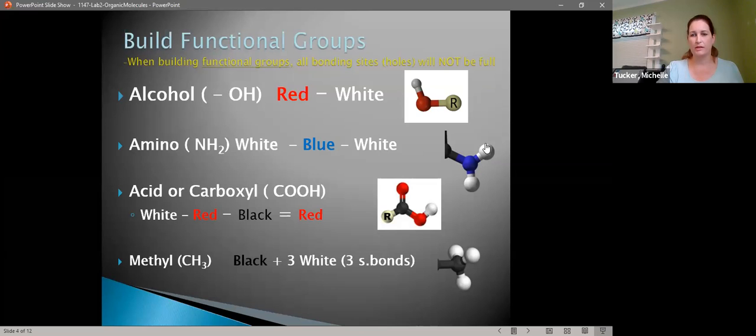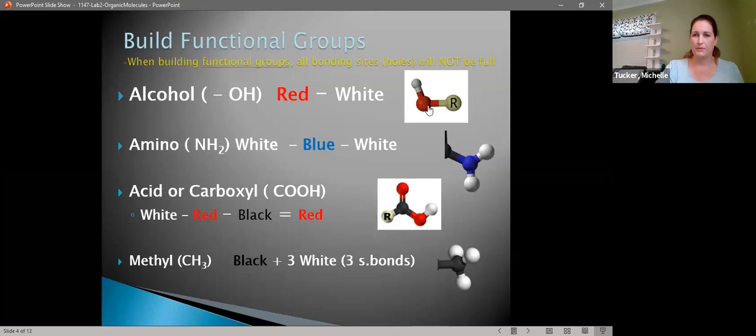For this carboxyl, we'll see it in amino acids, we'll see it in fatty acids, and carboxyl groups are very highly reactive. So you'll see these over and over again. And then there's usually a lot more coming off toward the end. So this R just means that there is something else following off to the side.